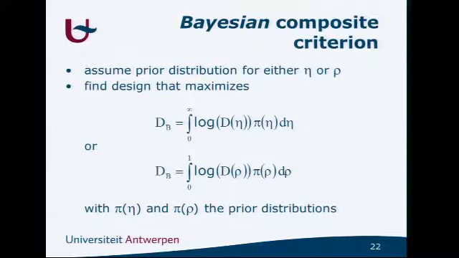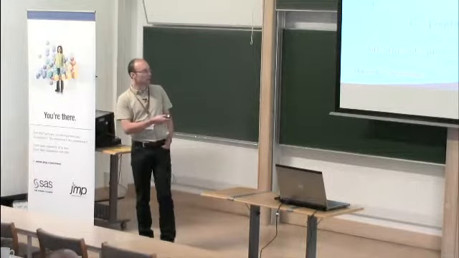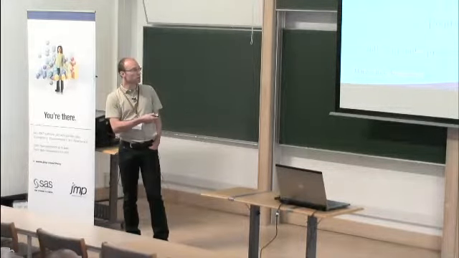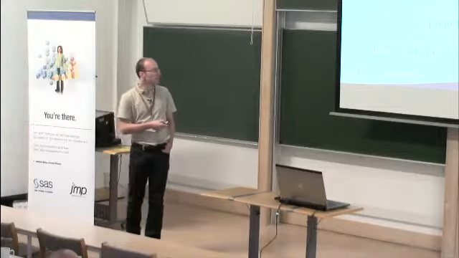And this prior distribution goes from 0 to plus infinity, because the variance component eta can take any positive value. If we use a prior distribution for rho, the expression looks a little bit different, because rho is the intra-class correlation coefficient. It always lies between 0 and 1, so the limits of our integral are different here.